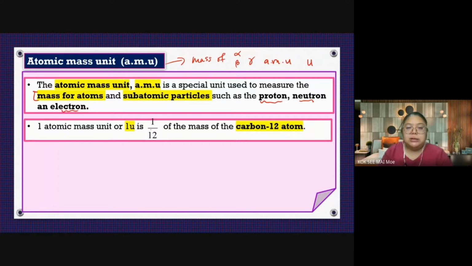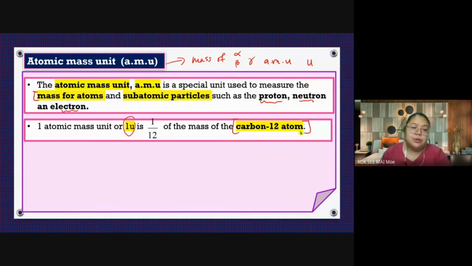It stands for 1 u. We write 1 u, we never write AMU, too long. It is 1/12 of the mass of carbon, and they use carbon as a standard. So that means 12 times smaller than the mass of the carbon.